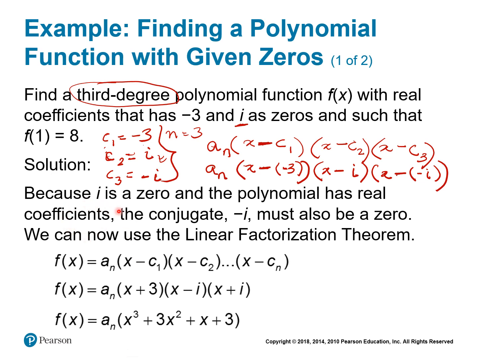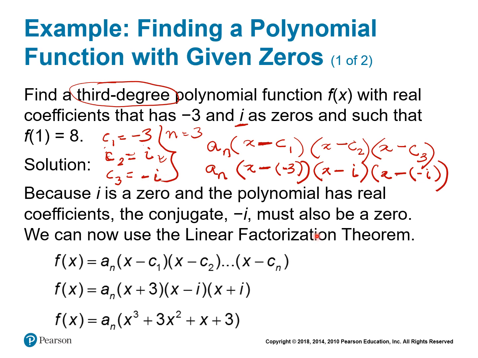It says because i is a 0 and the polynomial has real coefficients, the conjugate minus i must also be a 0, right? And that's what we've done here. We said c sub 2 equals i, and therefore because i is imaginary, its conjugate is also going to be one of the roots or one of the zeros of the polynomial.